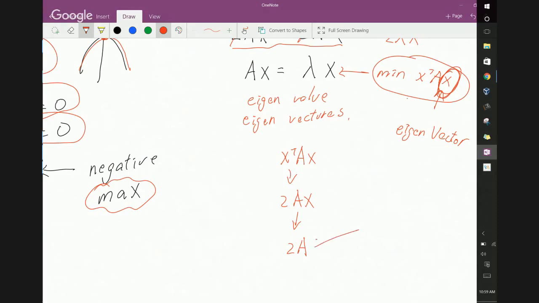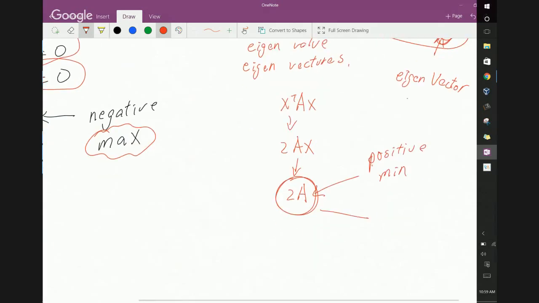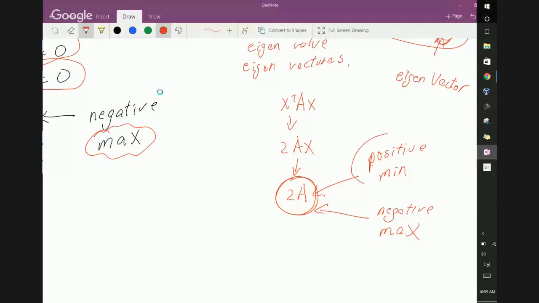So if this right here, this is a matrix, if this is positive, it will give us a min. If this is a negative, it will give us a max. So we just have to check whether this A is, right here, if this A is positive, if it's positive definite.